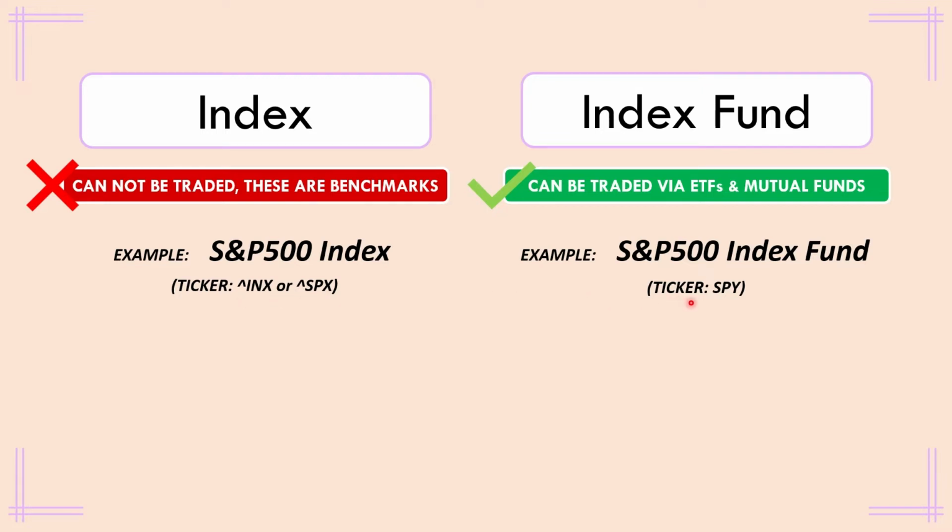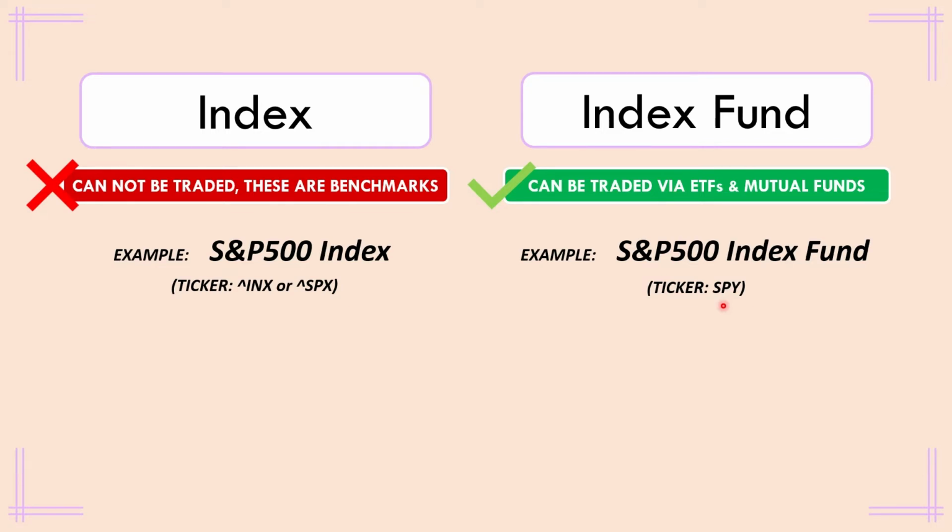Whereas on the index fund example, we have our ticker SPY. Now, if you were to look up SPY on your trading platforms, you would be able to actively trade the SPY. And you would do this because the SPY is essentially a passively managed ETF, right?